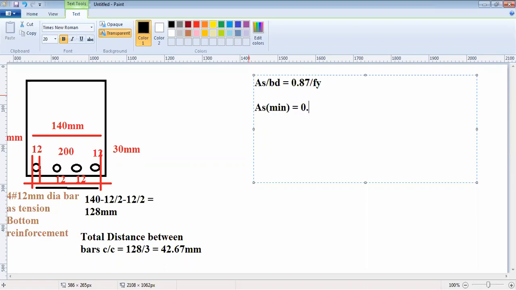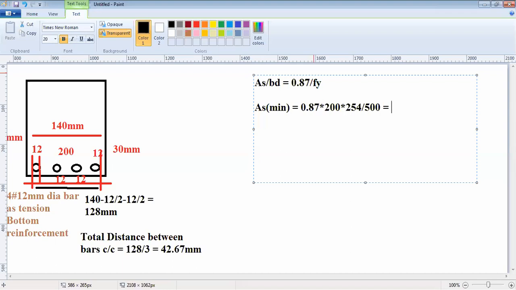will be equal to 0.87 into b. What is b? 200. What is d? 254 divided by fy is 500.